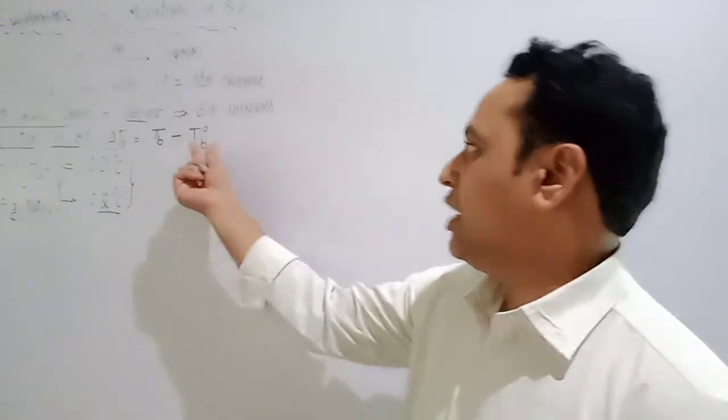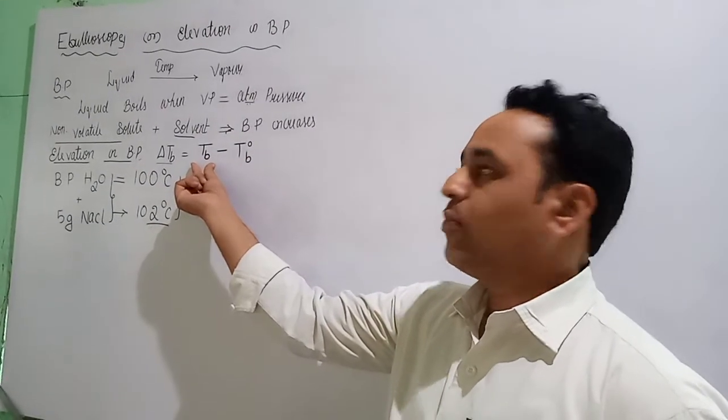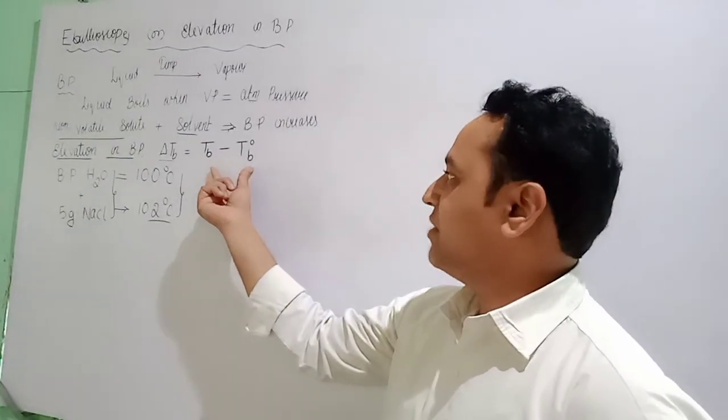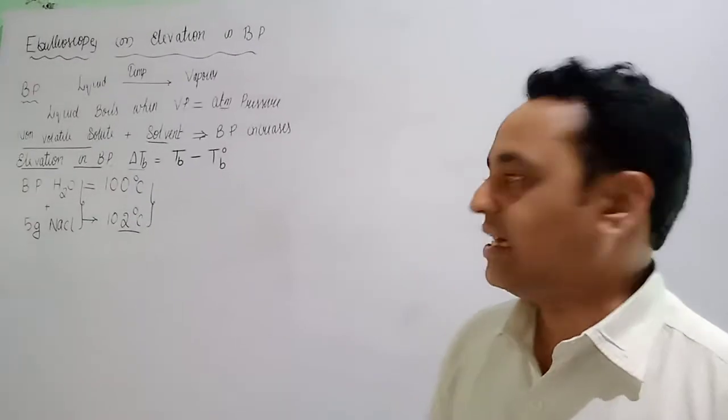I'll repeat, T naught B is the boiling point of pure solvent and TB is the boiling point of solution. The difference between these is the elevation in boiling point, delta TB.